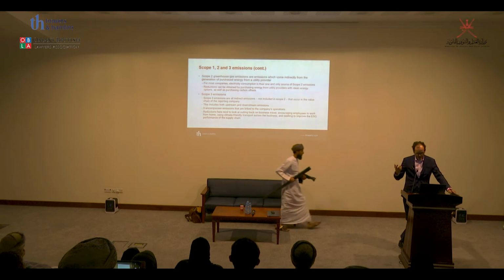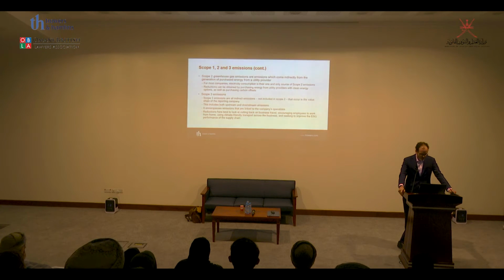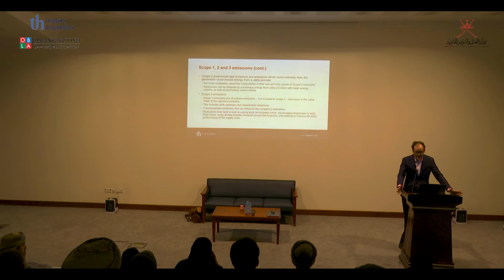So this is, as we looked at with our organisation, trying to encourage people to work from home maybe, because that will reduce the energy intensity of your office. And then also looking down your supply chain, people providing things to you, well, how do you make sure that they are also working to reduce their carbon intensity?